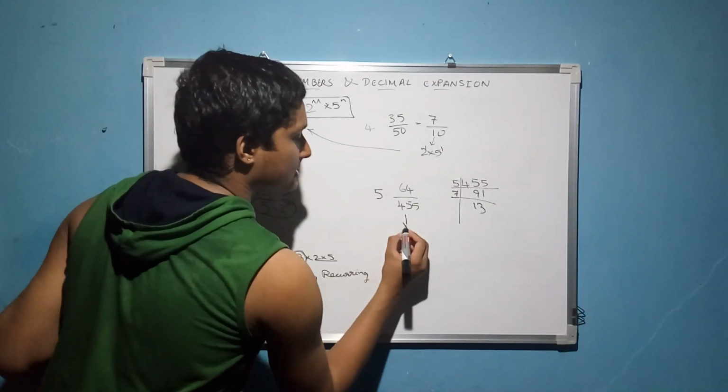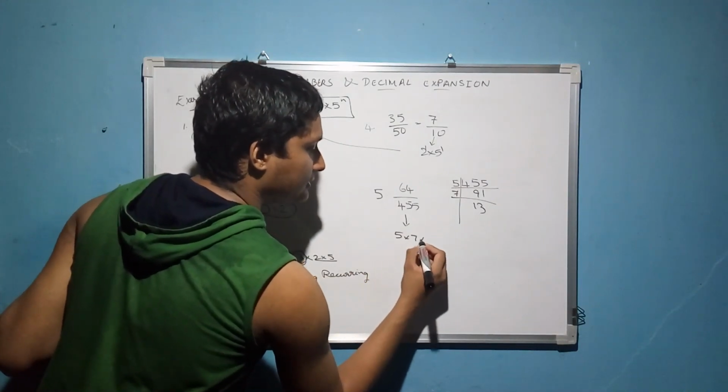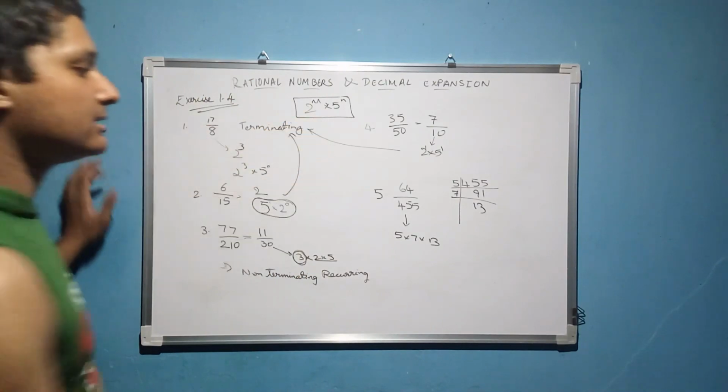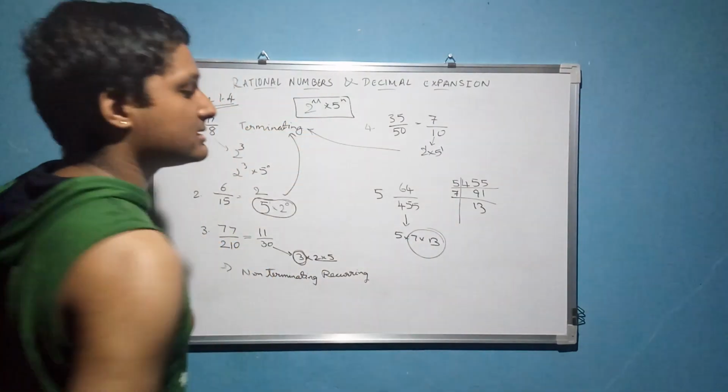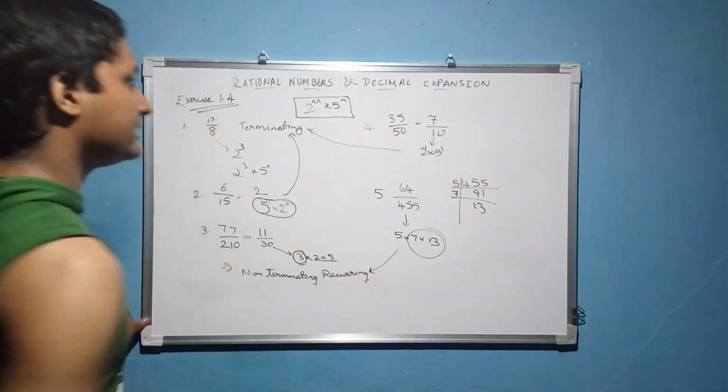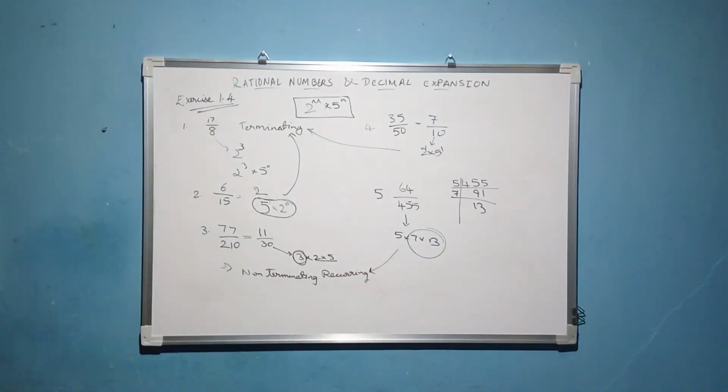So this can be written as 5 into 7 into 13. But it is not of this form because there are extra prime factors, that is 7 and 13. That shows that it is non-terminating recurring, right?